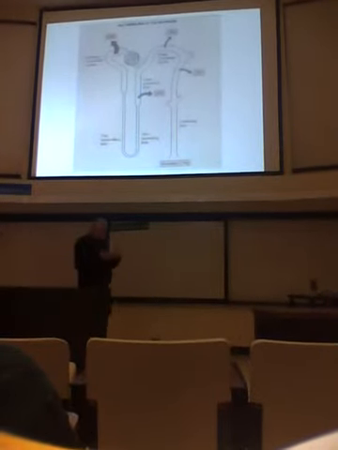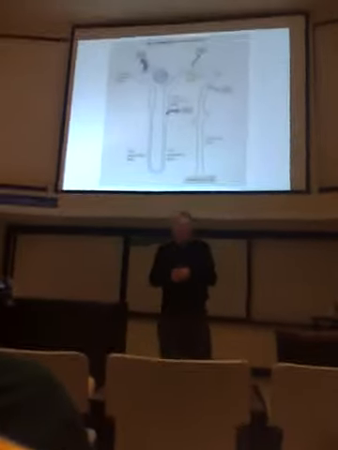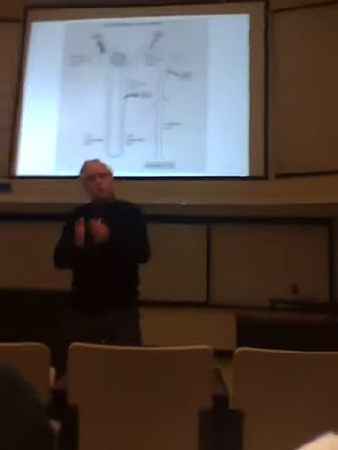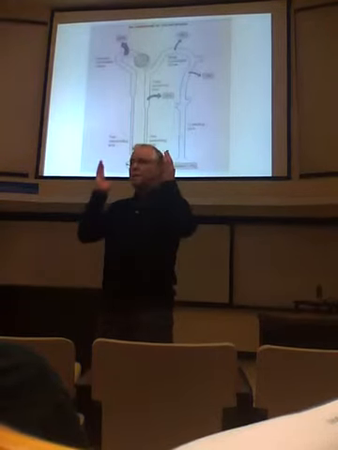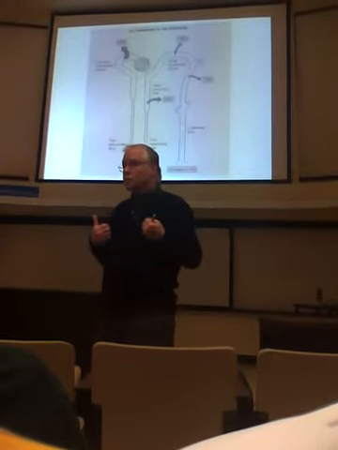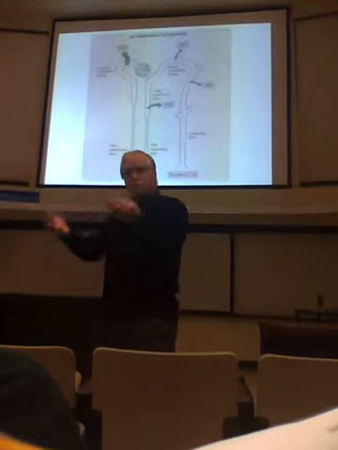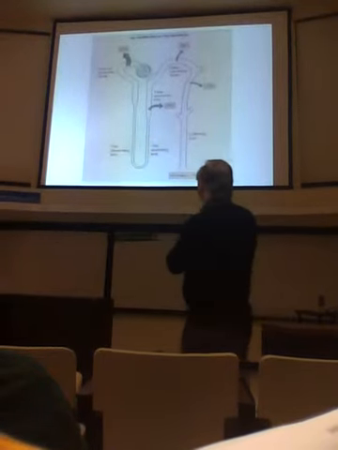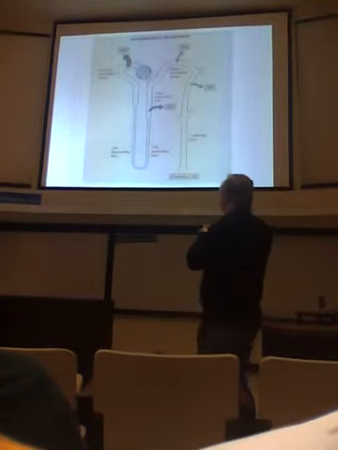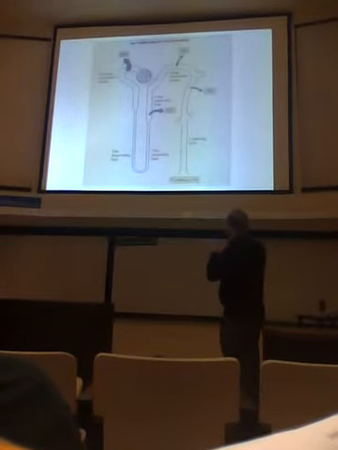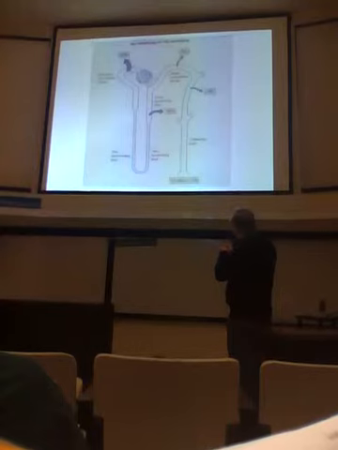And here is just a rough idea of which region of the nephron handles sodium in different amounts. And as we talked about last time, you think reabsorption, you think proximal convoluted tubule. So about 67% of sodium is reabsorbed in the proximal convoluted tubule, some in the thick ascending limb.